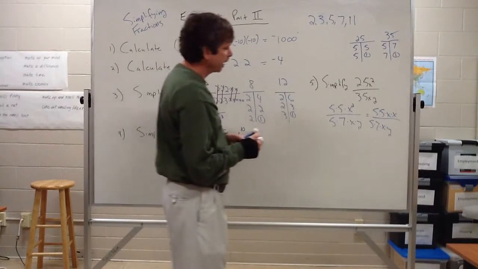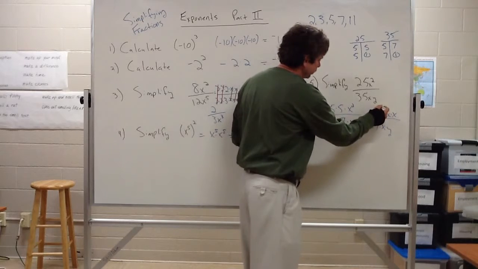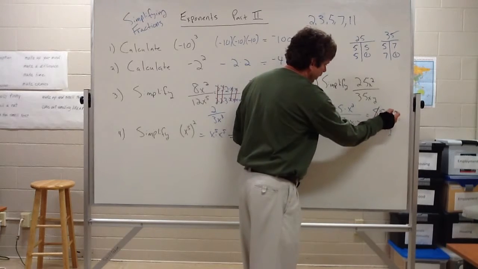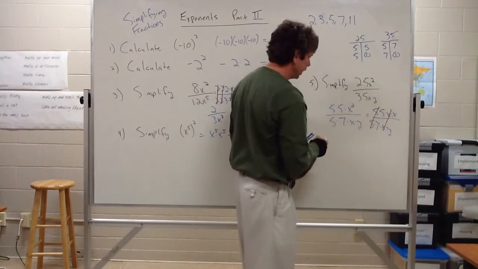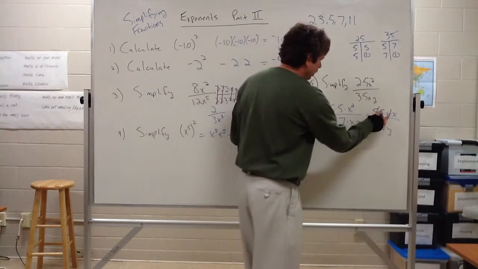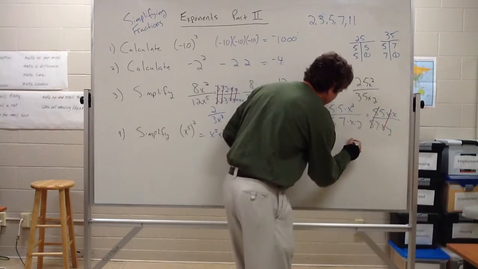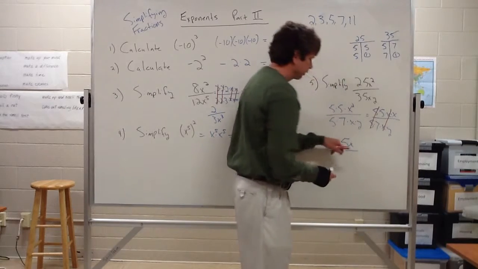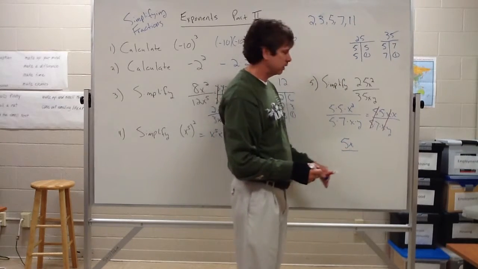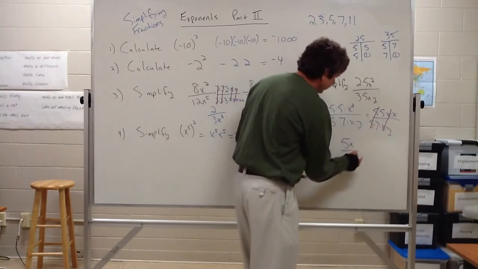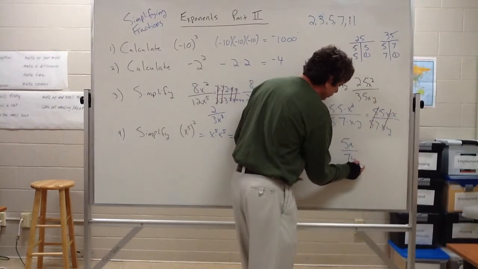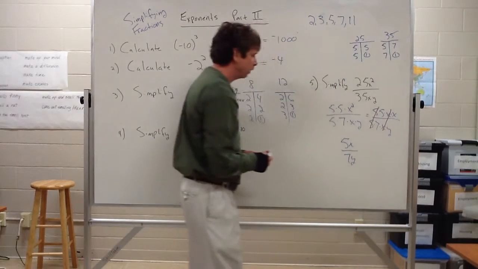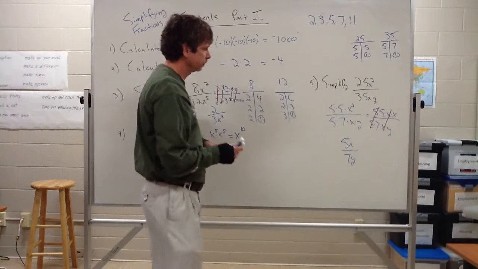And then we look for dividing out factors. So the 5's will divide out, a pair of x's will divide out, and then we just put it back together. So we have a 5 and x on top, that's 5 times x. And remember, 5x together means multiplication. So we have a 7 and a y, so we can write that as 7 times y, or simply 7y. And that would be the simplified form of that expression.